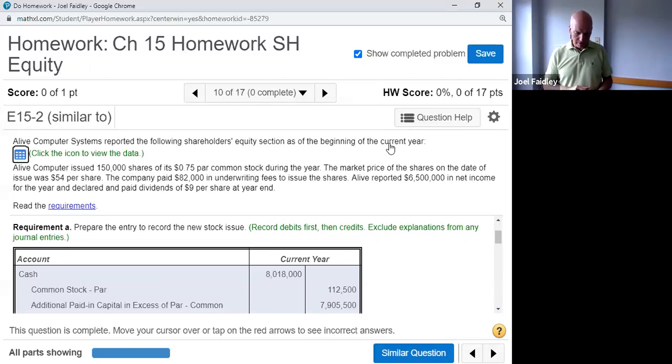And that 8,100,000 less my 82,000 in underwriting fees gives me 8,018,000. Right? And so if that's 8,018,000, my 112.5 gives me a plug number there, 7,905,500.